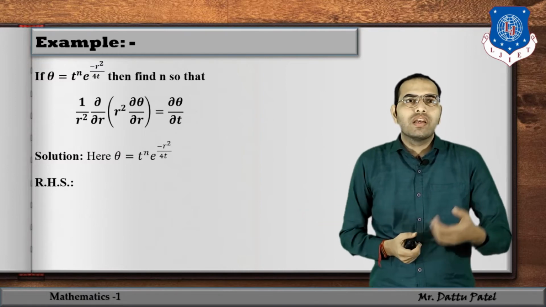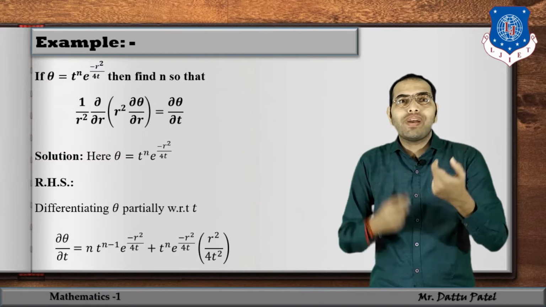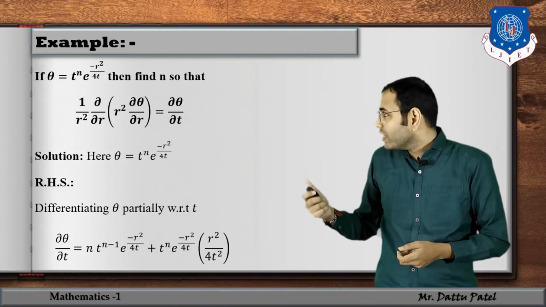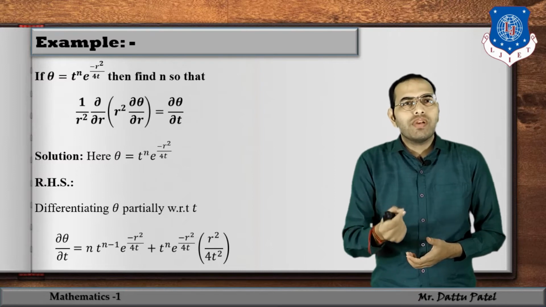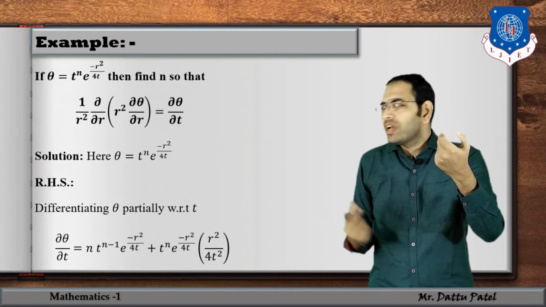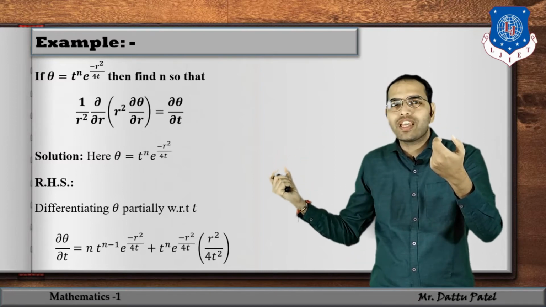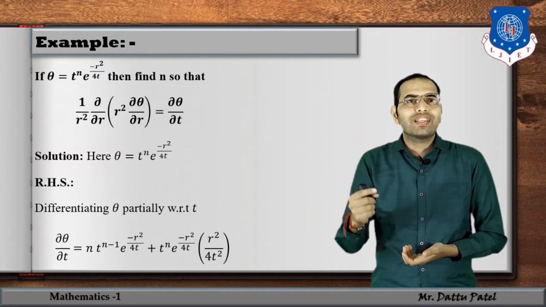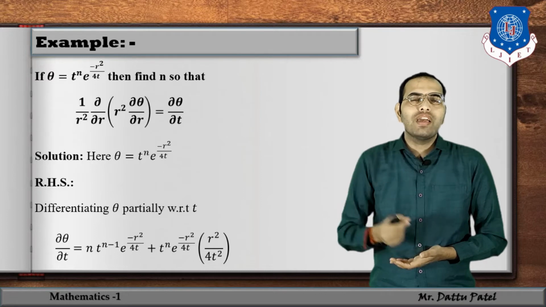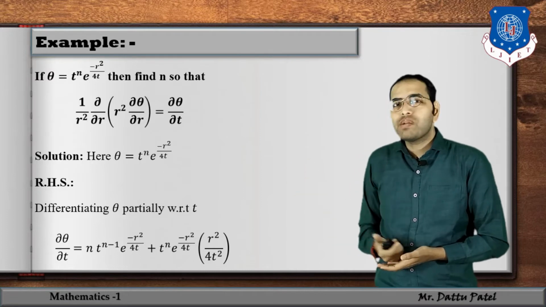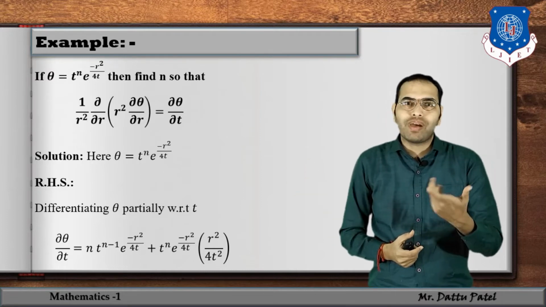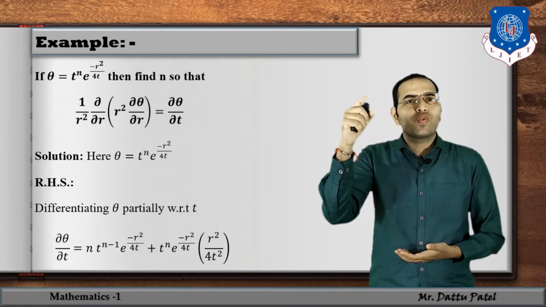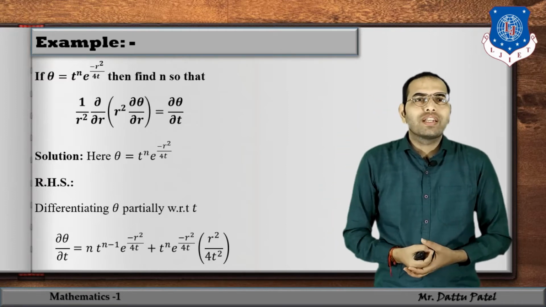That means e raised to minus r square by 4t as it is times the derivative of t raised to n, that is n t raised to n minus 1, plus t raised to n as it is times the derivative of the exponential function, that is e raised to minus r square by 4t into d by dt of minus r square by 4t. You all are aware that the derivative of 1 upon t is minus 1 upon t square. Then it becomes r square upon 4t square.